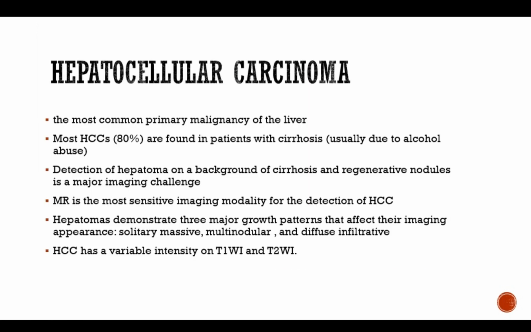So, hepatocellular carcinoma. Among the malignancies of the liver, hepatocellular carcinoma is the most common primary carcinoma of the liver, and the most common cause in 80% of cases is cirrhosis. When we have cirrhosis and there is hepatocellular carcinoma, it's challenging to diagnose it. However, MRI is the most sensitive imaging modality.